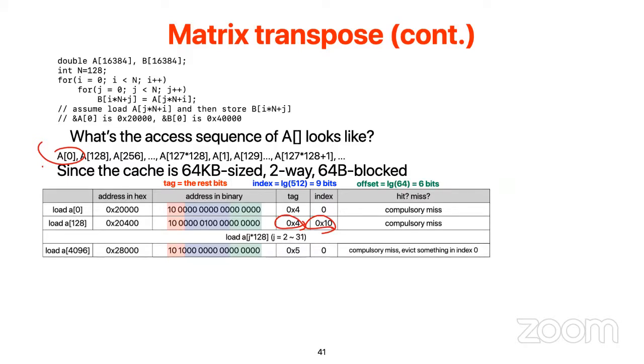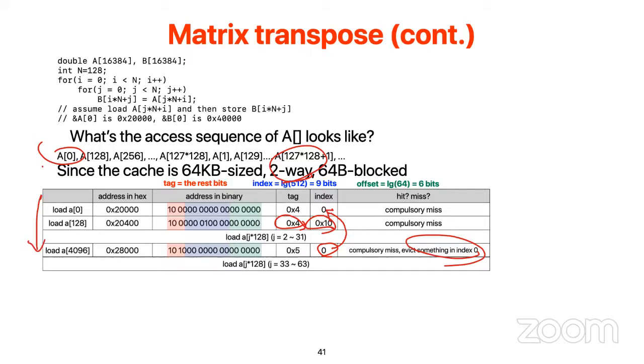However, when you go to the 4K, we are seeing the index has been reused. And given that you only have 2-way, it's very likely you may have to evict someone within the same index. So the pattern here is that every 4K, you might have to evict someone.